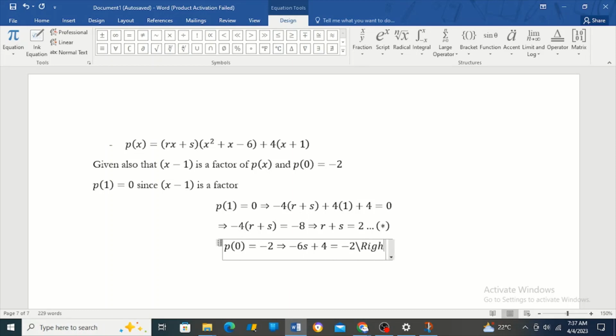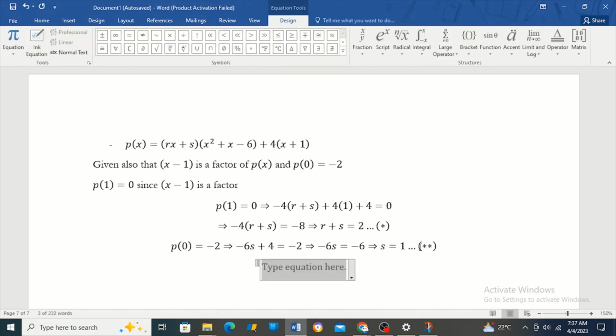So from here directly we can get the value of s. So minus 6s will give you minus 6, so it means that our s is equal to 1 because we divide both sides by minus 6. Now we can call this equation star star.